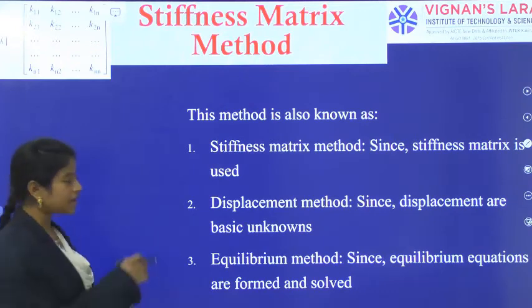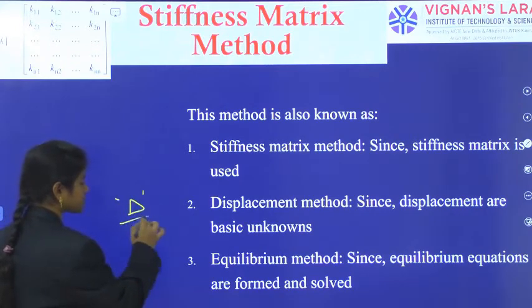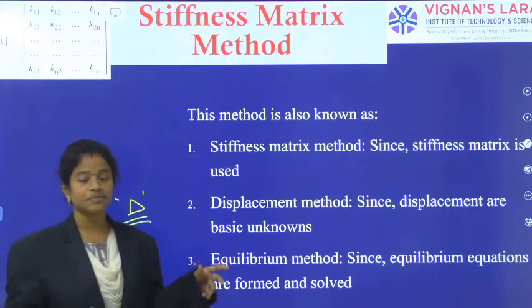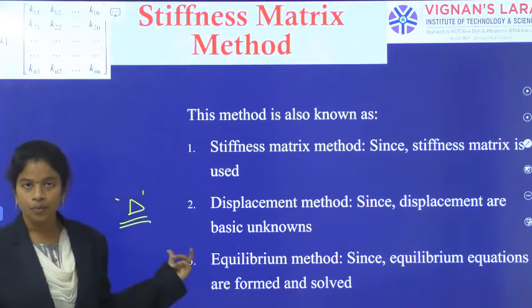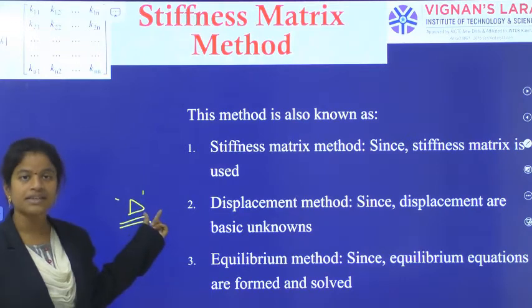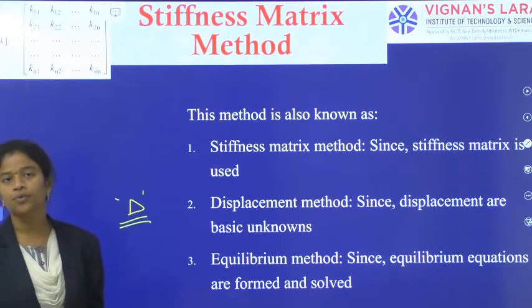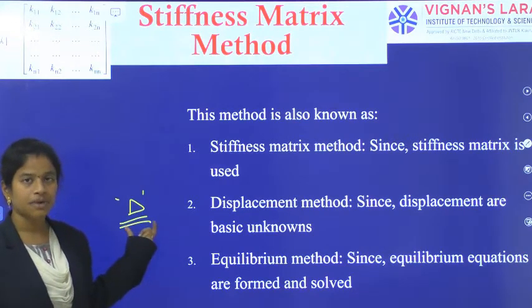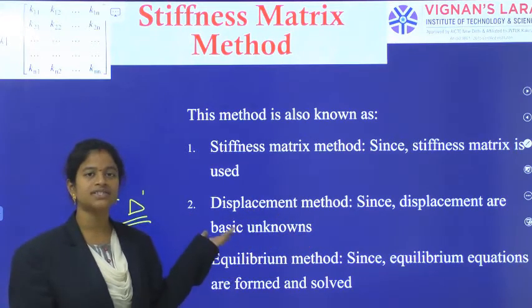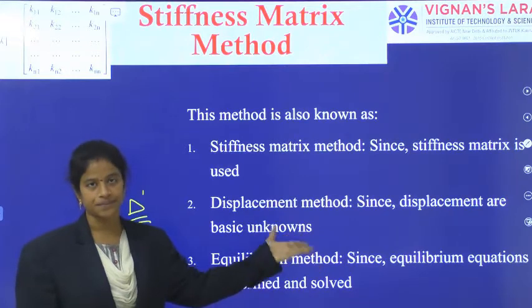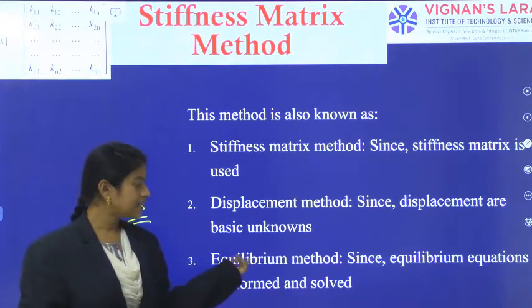Since the displacements are the basic unknowns, I am giving unit displacement, and calculating the corresponding force. So, in an indirect way, after knowing the stiffness matrix, the displacement vector is the final output for me. The displacements, or the unknowns, will be calculated as the final outputs. That's why it is the displacement method. And then the equilibrium method.